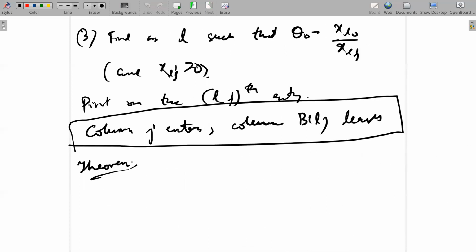So theorem: if Cj bar is strictly less than 0. That's step 1, determined that there is some j so that Cj bar, the modified cost, is strictly less than 0.